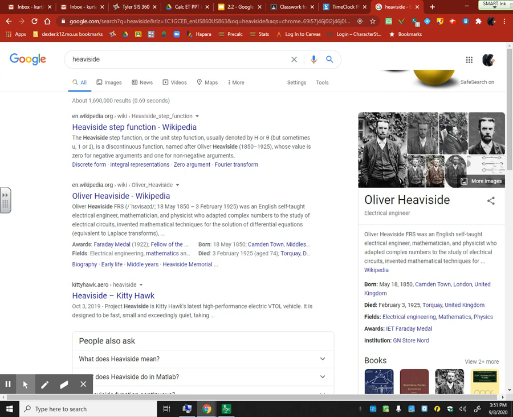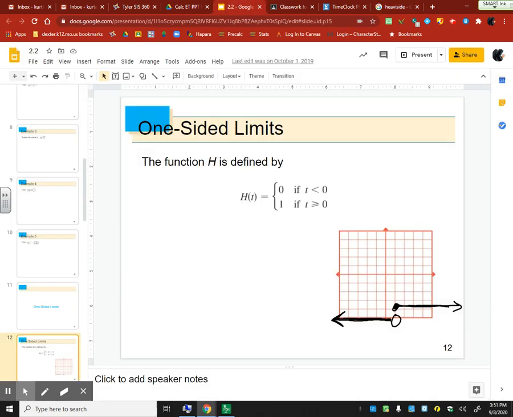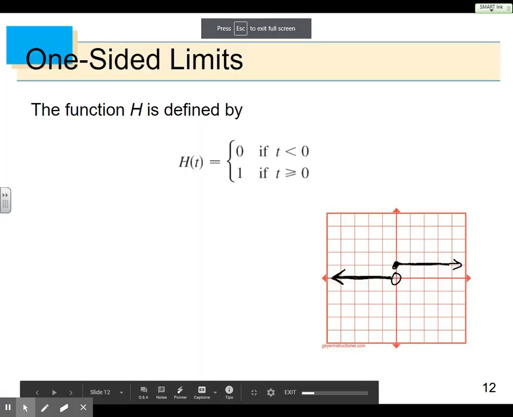He was an electrical engineer, mathematician, and physicist who did some work in calculus. I pulled out one of my old history of mathematics books, and he did some work with some of the early people that came up with calculus. A neat thing to look into, not really in the scope of this problem. Good to know.